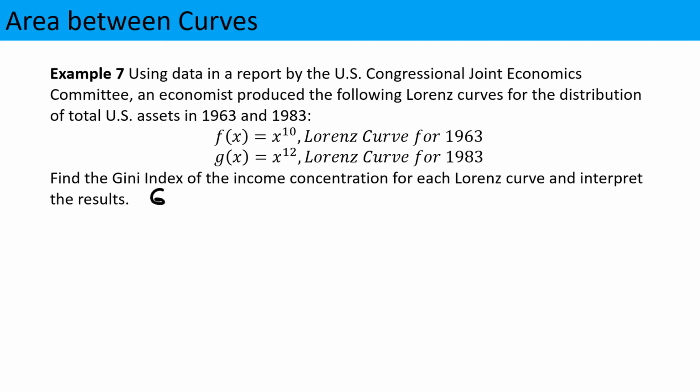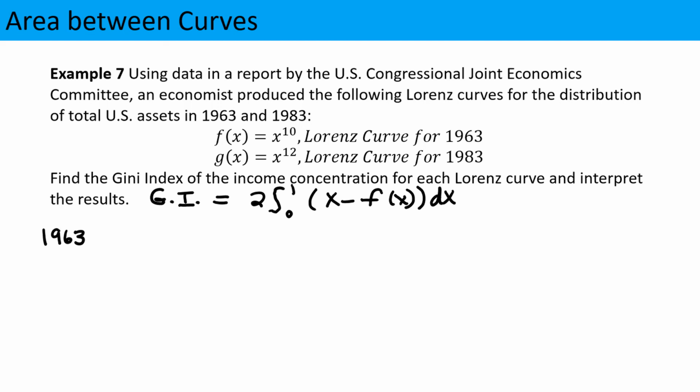To find the Gini index, the formula that we use is 2 times the integral from 0 to 1 of x minus f of x dx. So let's find the Gini index for each of those 2 years. We'll begin in 1963.